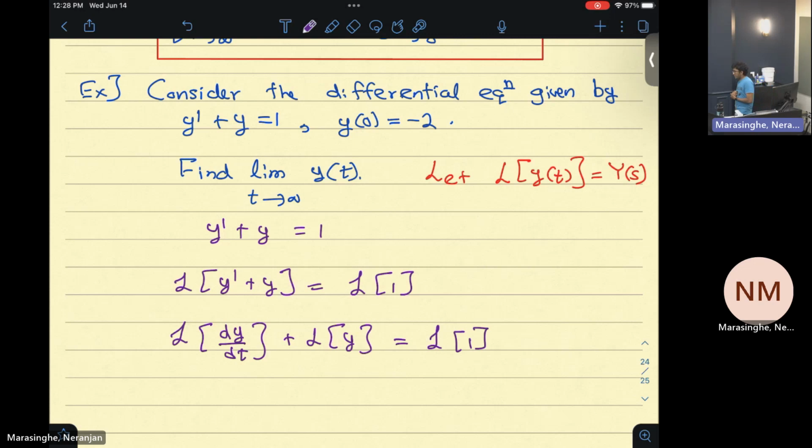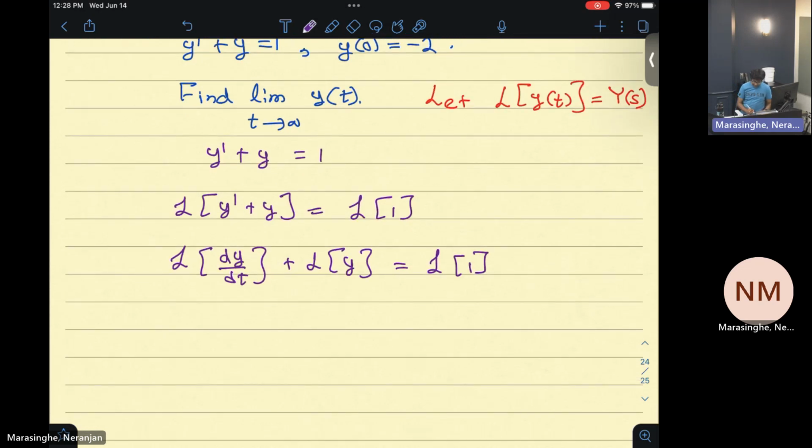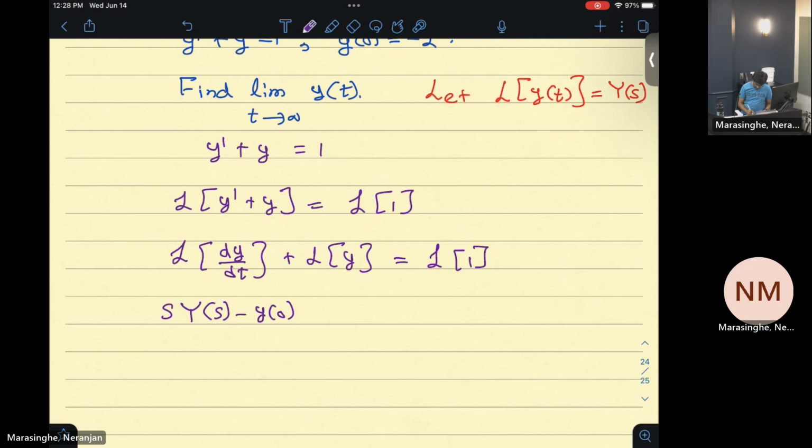Now let's use the equation that I introduced yesterday. The Laplace transform of y is equal to capital Y(s). What is the Laplace transform of its derivative? By the formula I introduced yesterday, this is equal to sY(s) - y(0). The Laplace transform of y is Y(s), and the Laplace transform of 1 is 1/s.